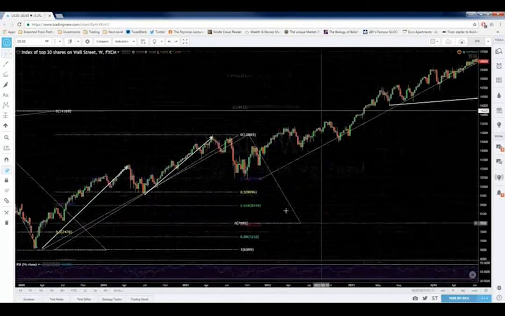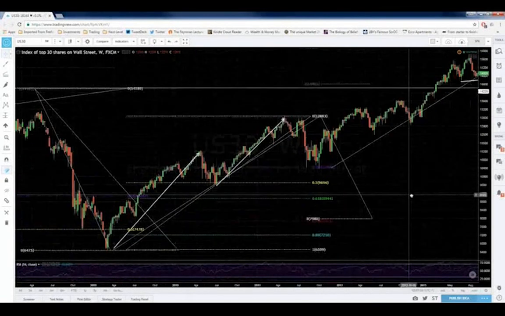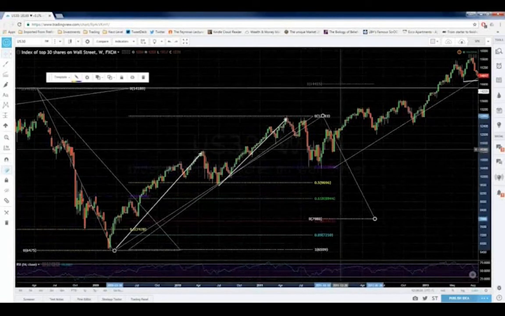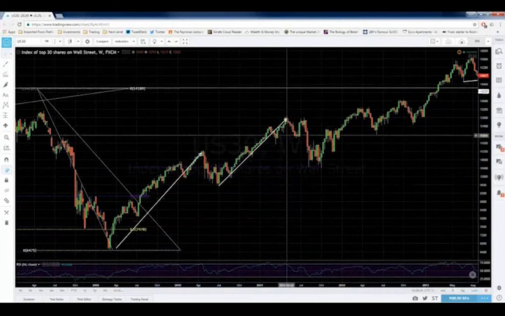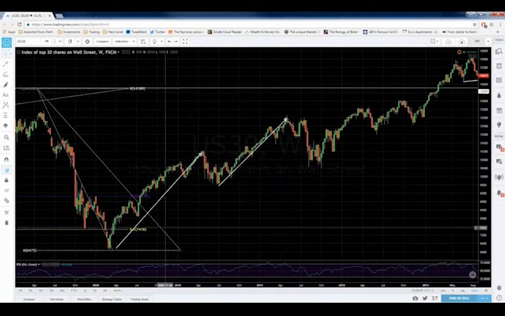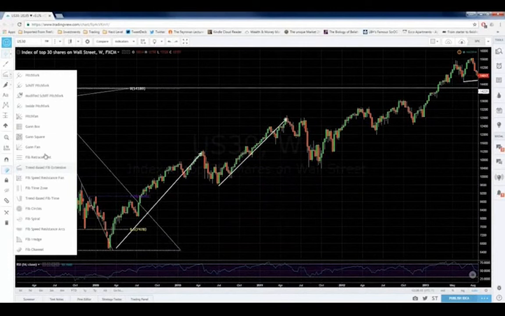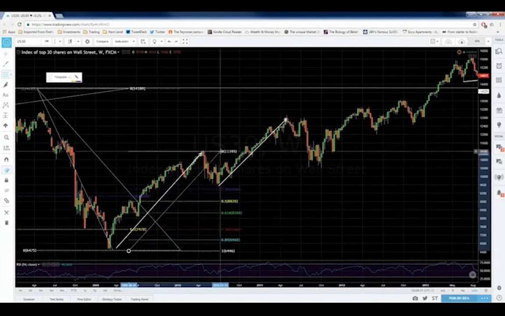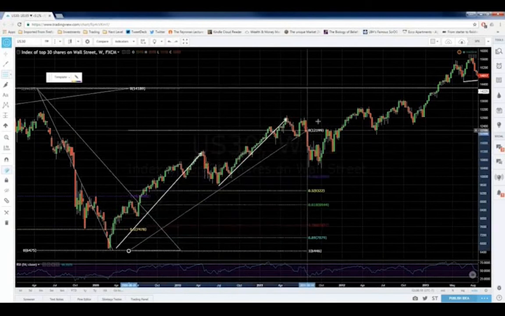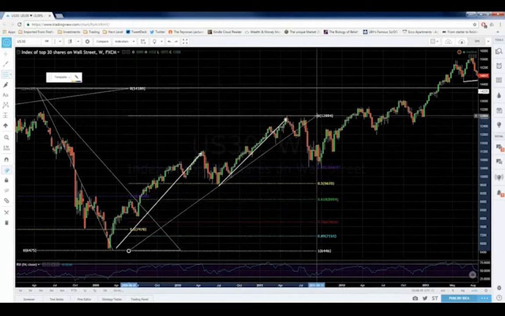is we had symmetry. So let me delete all these other fibs on here. The thing that gave us our clue is we had 2 minor waves, but we had symmetry in that they both pulled back. First, the minor wave pulled back to the 382, right? And then when we overlapped them, it came right down to the 382.